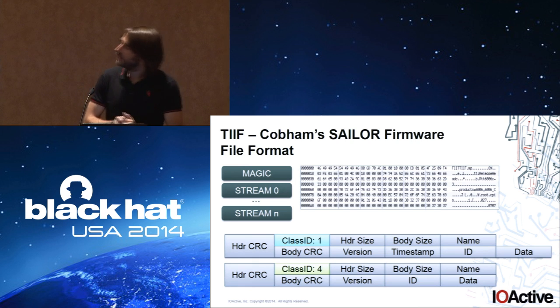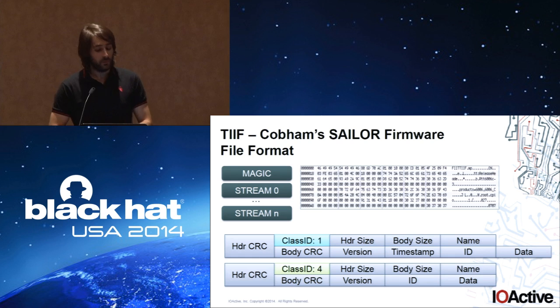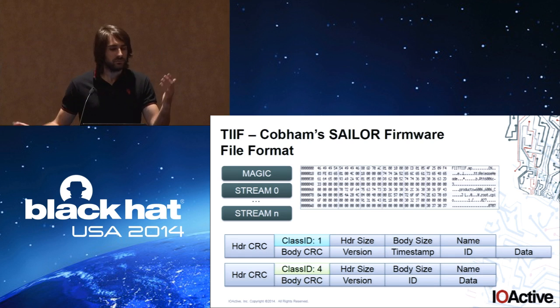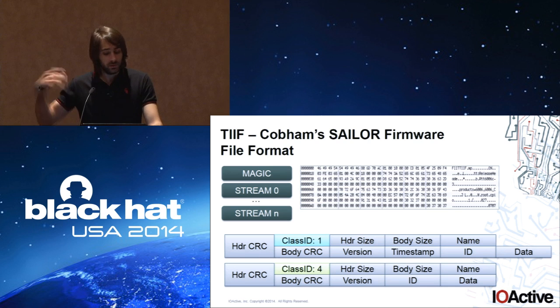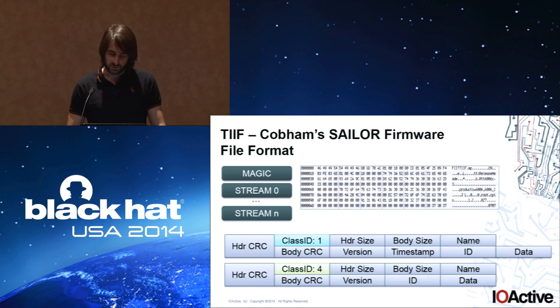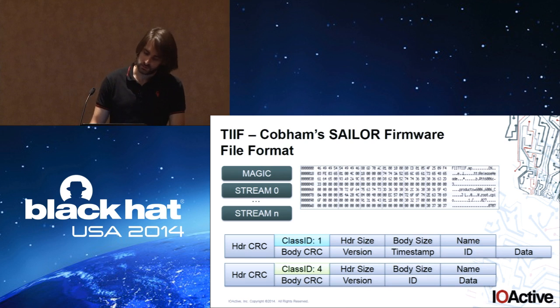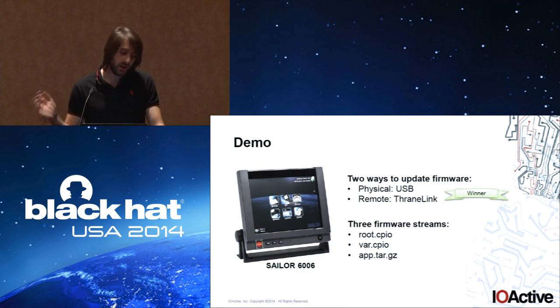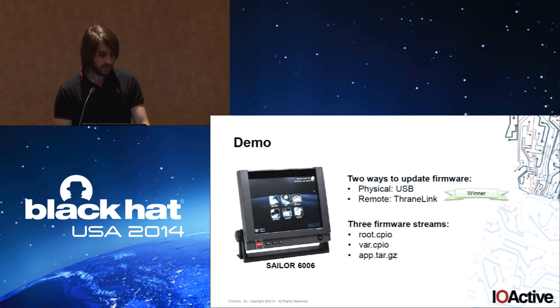One, the class ID number 1, which is basically for overall description, and then we have the class ID 4, which is content stream. Then we have, well, the typical fields. Everything is checked using CRC checksum. We have the body size, the timestamp, IDs, data. So let's see a demo.